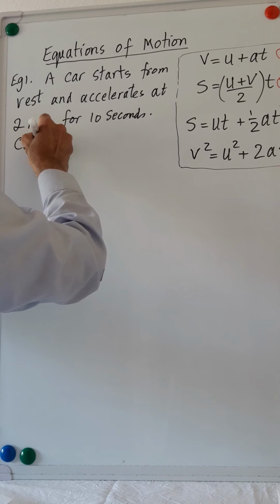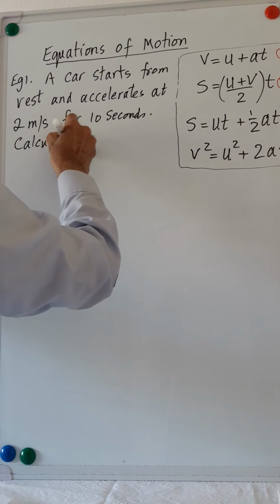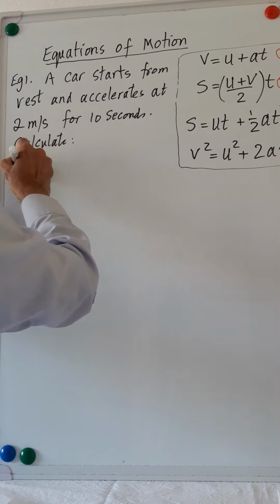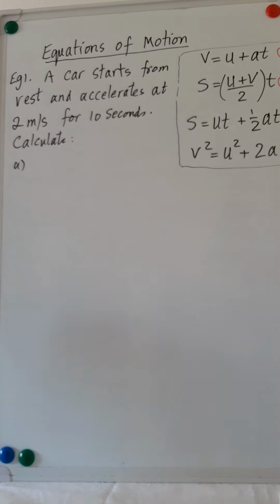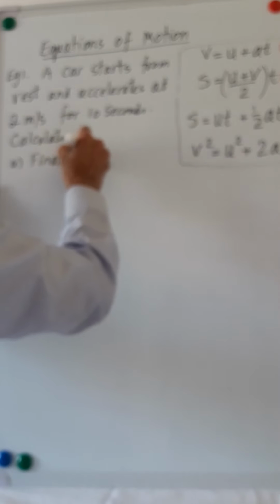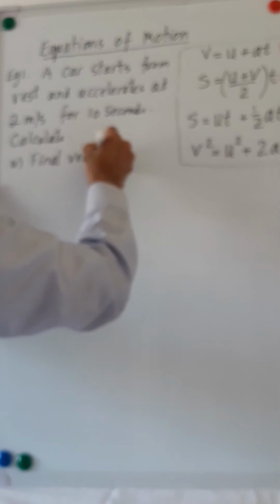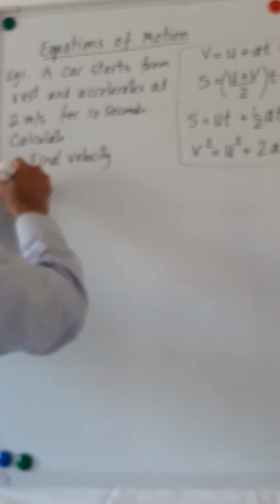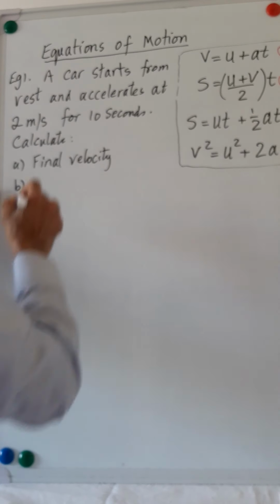We calculate A, final velocity, B, distance traveled.